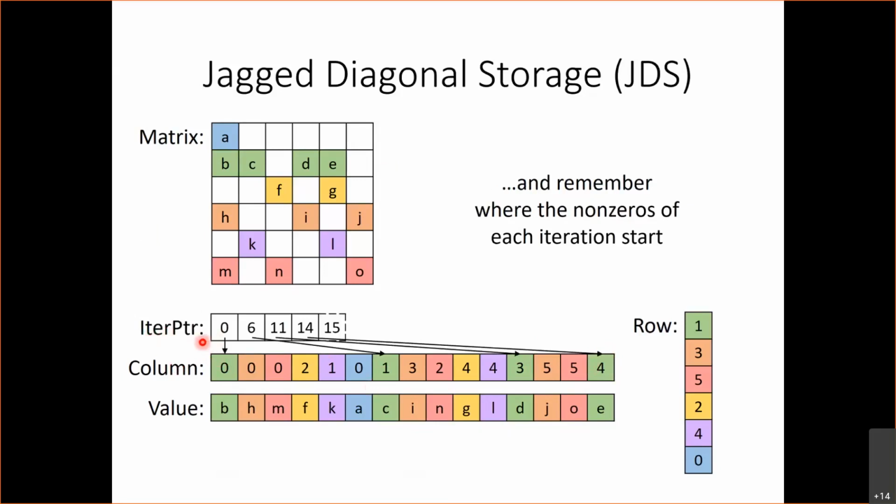So 0 tells us that the first non-zeros of each row, the non-zeros that are the first in their row, start at index 0 in these two arrays. The non-zeros that are second in their rows start at index 6. The non-zeros that are third in their rows start at index 11, etc. Is this clear so far?